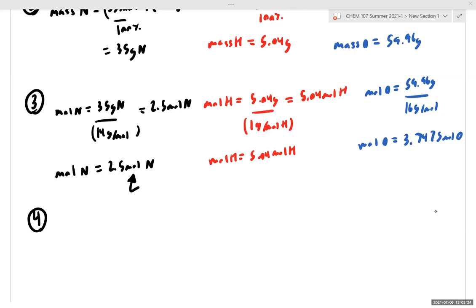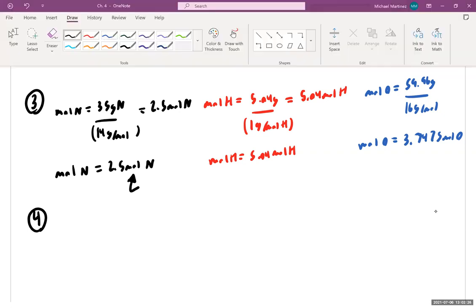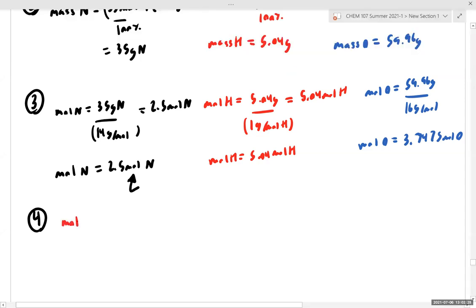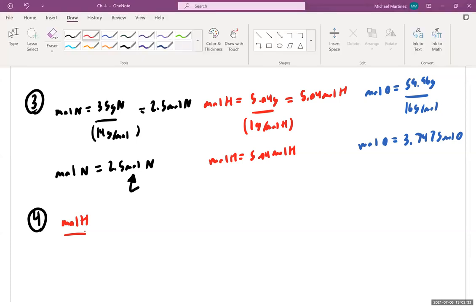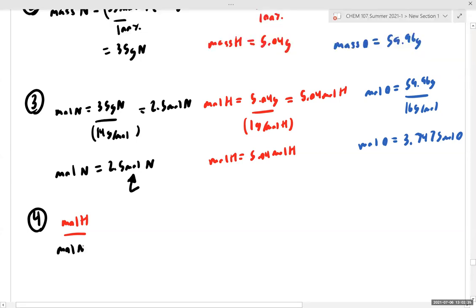So we know the moles of nitrogen are the smallest number of moles. If we look at the ratio of the moles of hydrogen per mole of nitrogen, what is our mole to mole ratio of hydrogen to nitrogen? About 2.01, right?